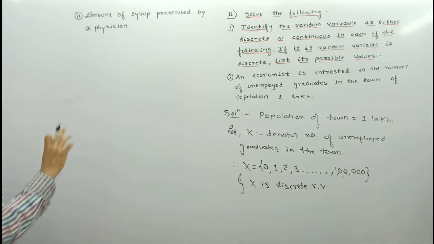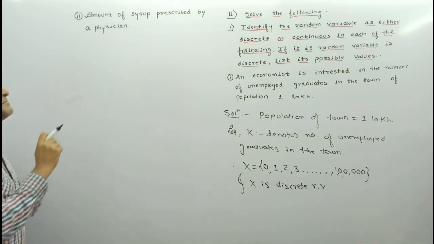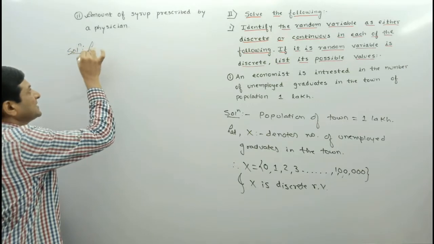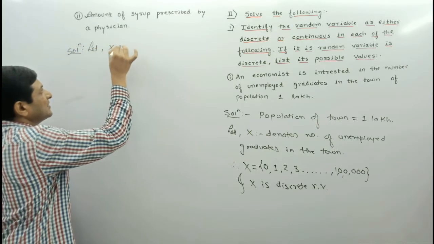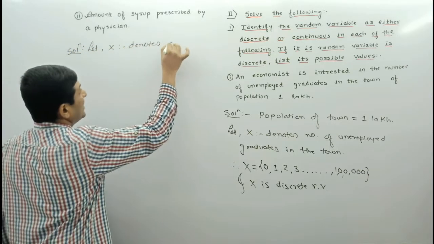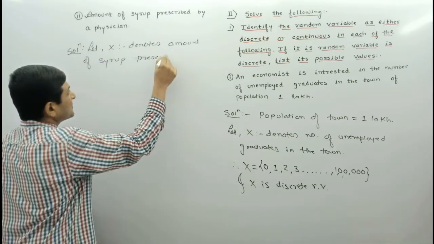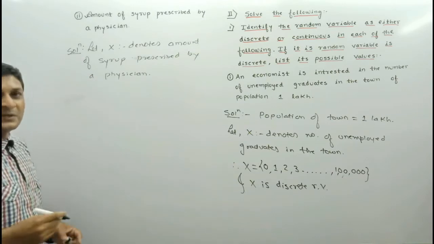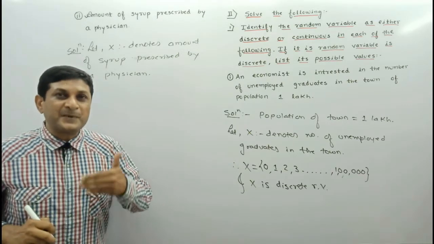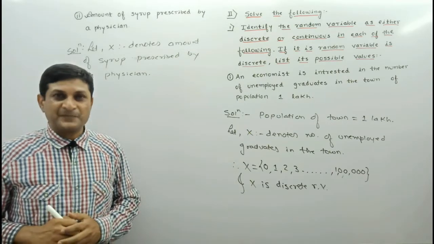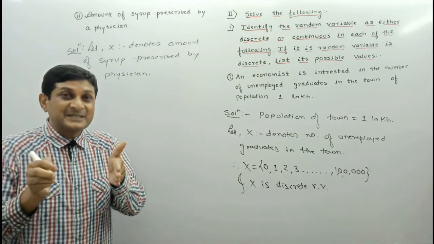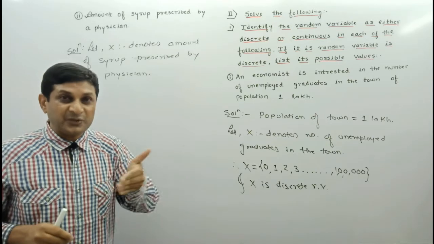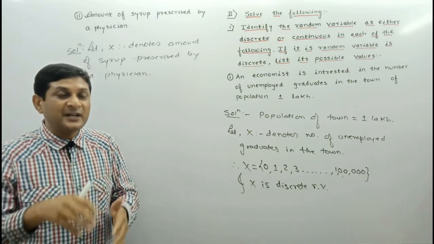In the second example, the amount of syrup prescribed by a physician. Here we suppose that x is a random variable which denotes the amount of syrup prescribed by a physician. Now the amount of syrup prescribed by the physician takes values in some interval, या तो फिर 2 से लेके 3 ml तक, or in between any two real numbers.